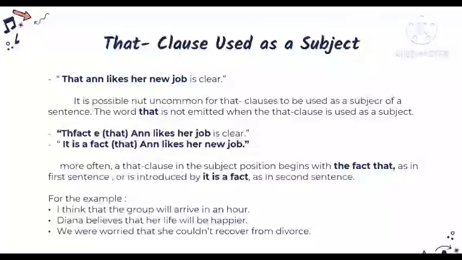The next, there is that clause used as a subject. That Anne likes her new job is clear. It is possible, but uncommon, for that clauses to be used as a subject of a sentence. The word that is not omitted when the that clause is used as a subject.